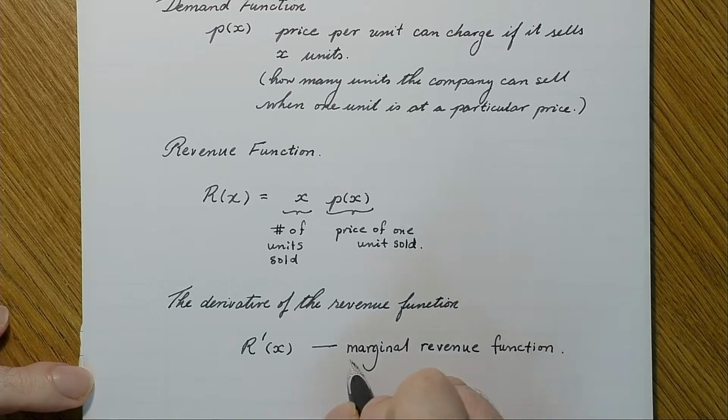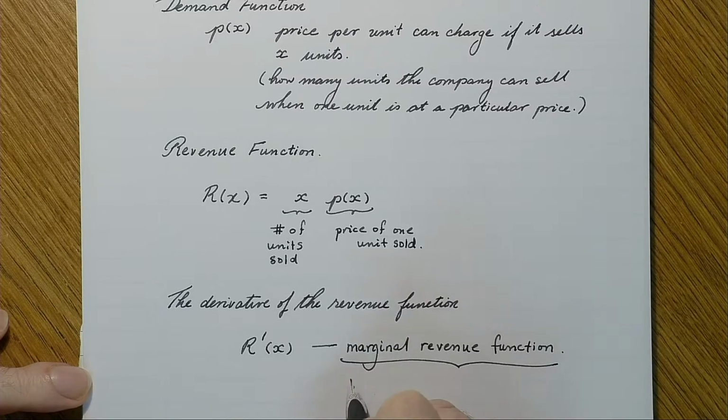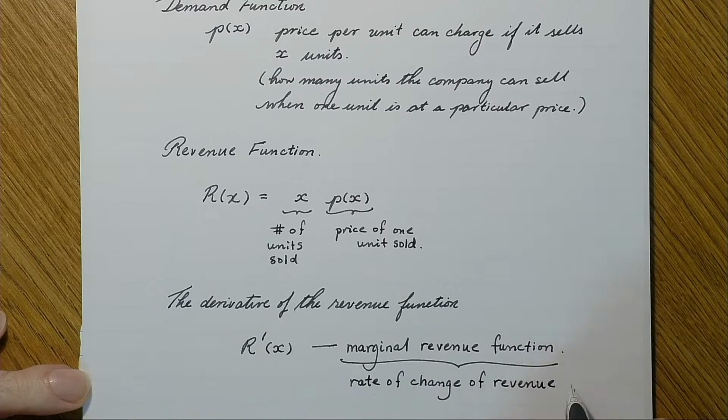And what does this mean? It's the rate of change of revenue with respect to the number of units sold.